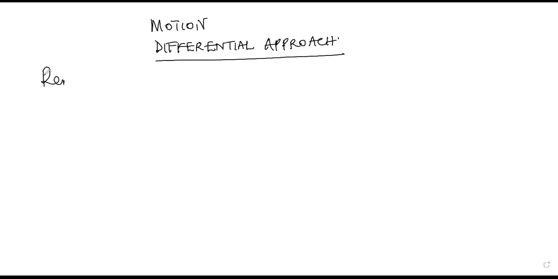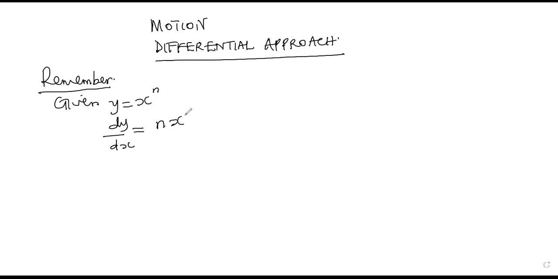Let me make you remember. You have to remember that if I'm given an expression y is equal to x to the power n, if you differentiate y with respect to x, that is dy/dx, it is equal to, we drop the power, so it will be n, then we reduce the power by 1.